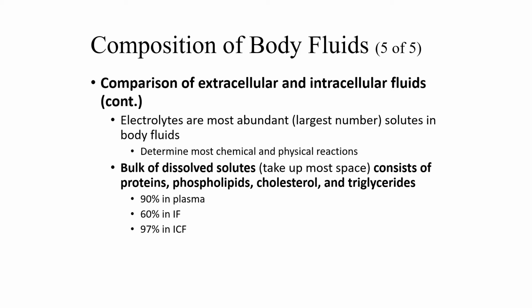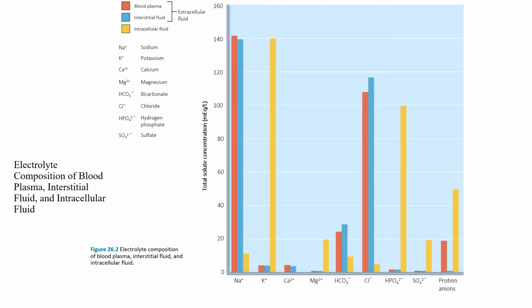So the most abundant, the largest number, are going to be electrolytes, but the bulk take up the most space. Proteins, phospholipids, cholesterol, and triglycerides. That makes sense because those are going to be very large molecules, where electrolytes are very small molecules.